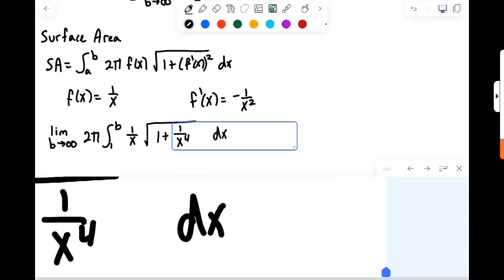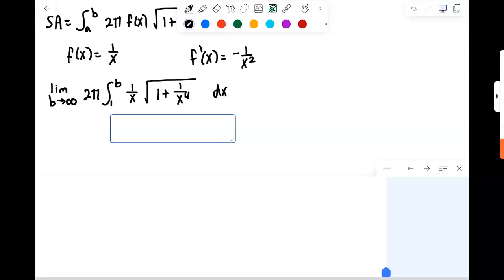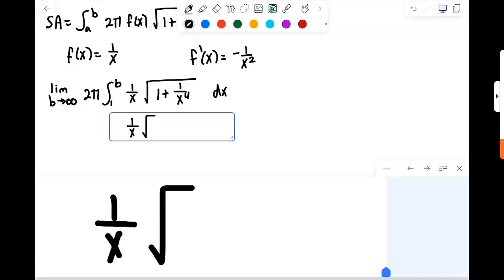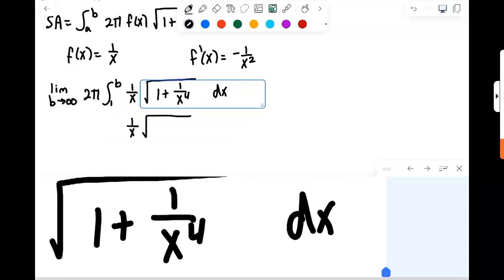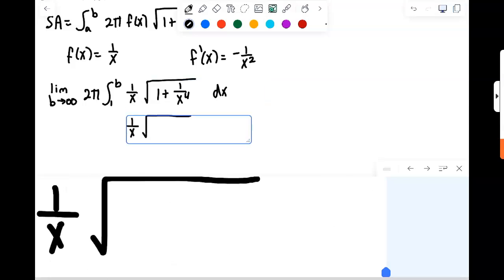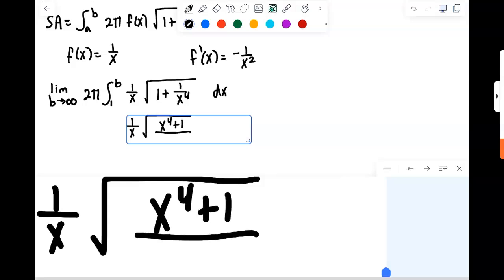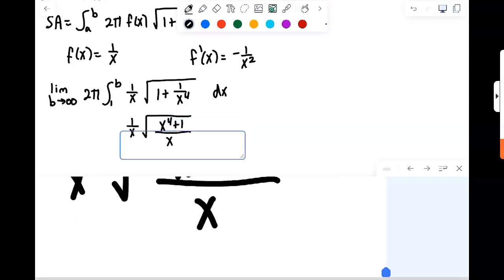And we're going to go through and do a little bit of simplifying here. So I'm just going to work with the stuff on the inside for the time being. So 1 over x square root. Here I would get a common denominator for the 1 and the 1 over x to the 4th. And it would actually make this x to the 4th plus 1 over x to the 4th.